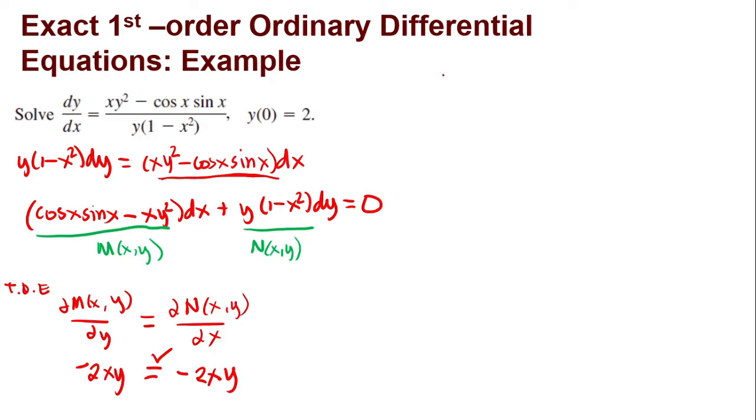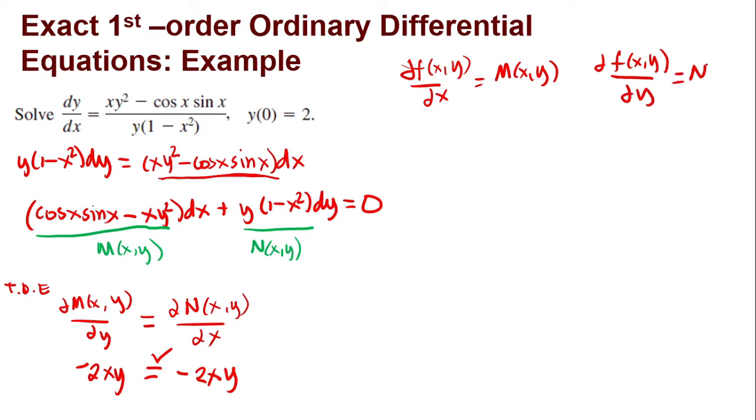We can now use our assumption: the partial derivative of f(x,y) with respect to x equals M(x,y), and the partial derivative of f(x,y) with respect to y equals N(x,y). In the previous example, we started with the first assumption.